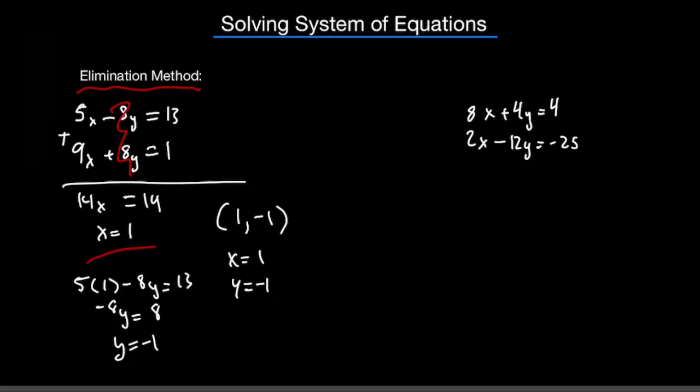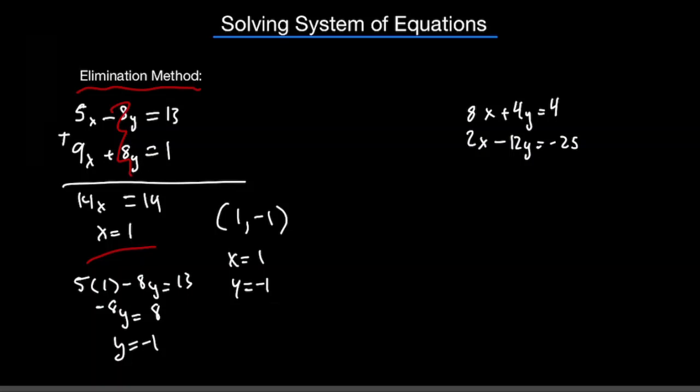And that's your answer. Now on to the second example, we have 8x plus 4y equals 4 and 2x minus 12y equals negative 25. Since no variable here has the same coefficient, we're going to try to get the top x to be negative 2x to make it easier for ourselves.